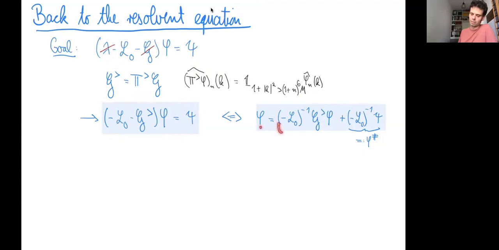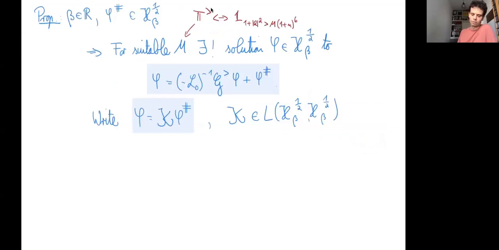Phi is equal to minus L0 to the minus 1, acting on G upper of phi, plus, and now this operator inverse acting on psi. And let's give this thing a new name. Let's call this phi sharp. And so what we want to find is a phi which solves this fixed point equation, where we have this operator here applied to phi plus a phi sharp.